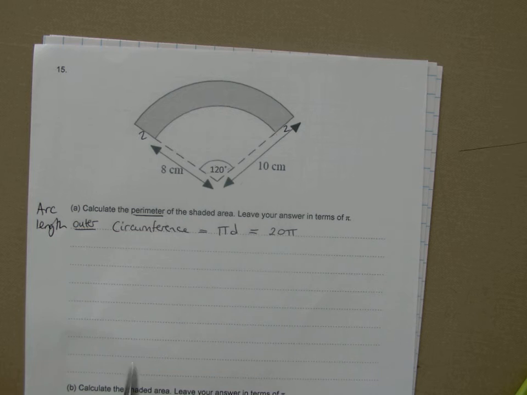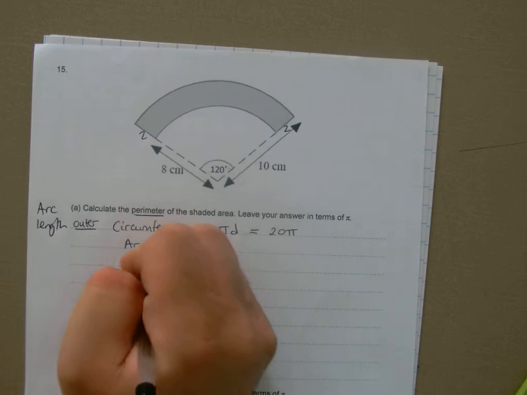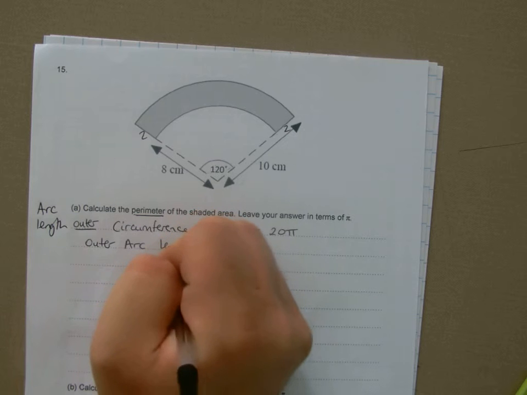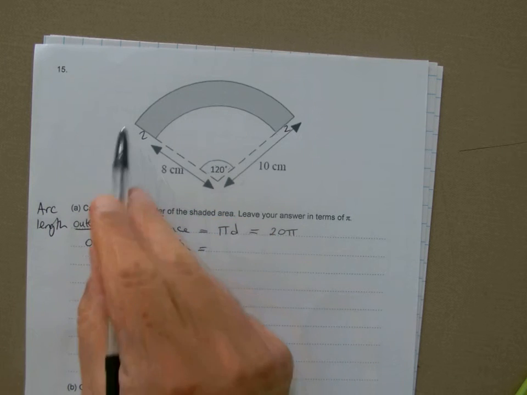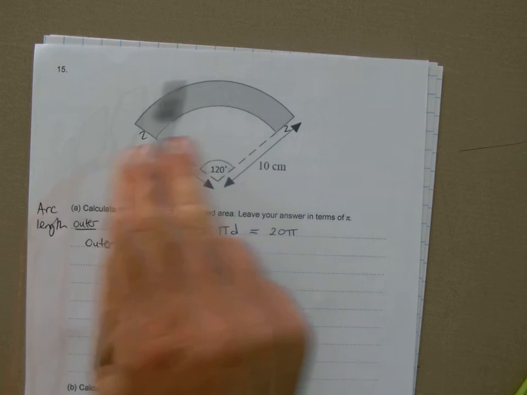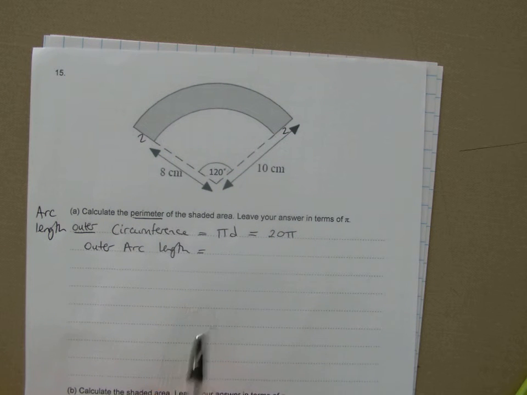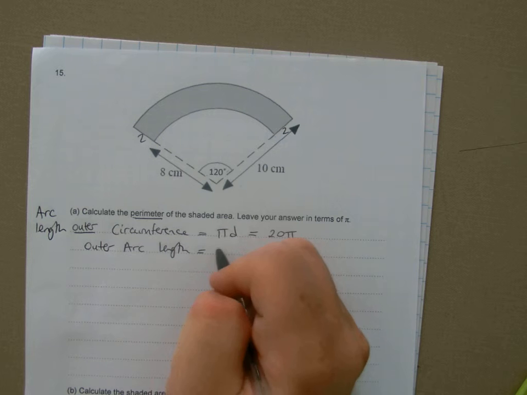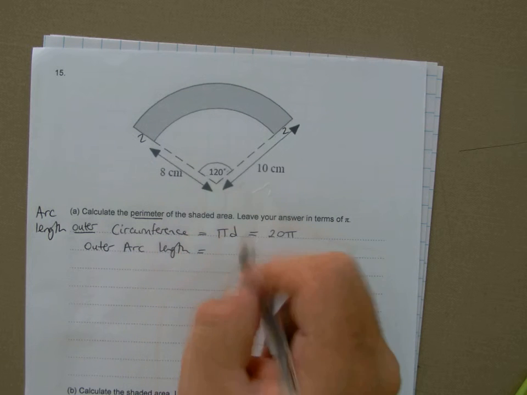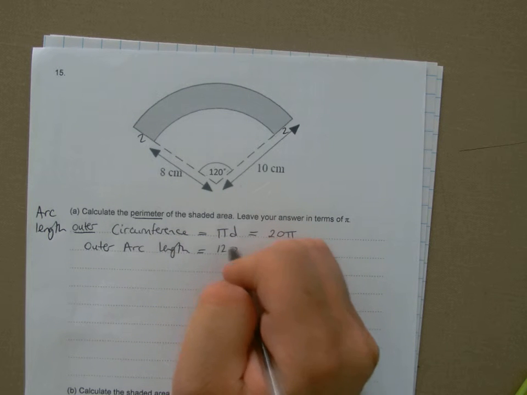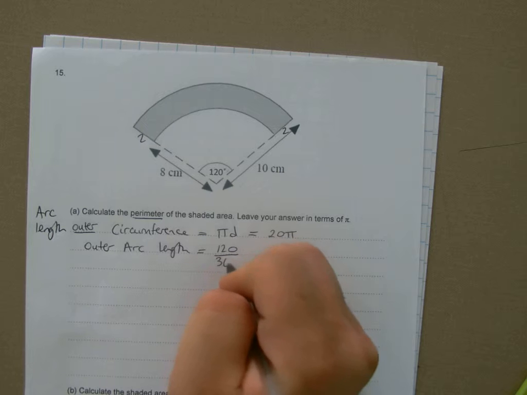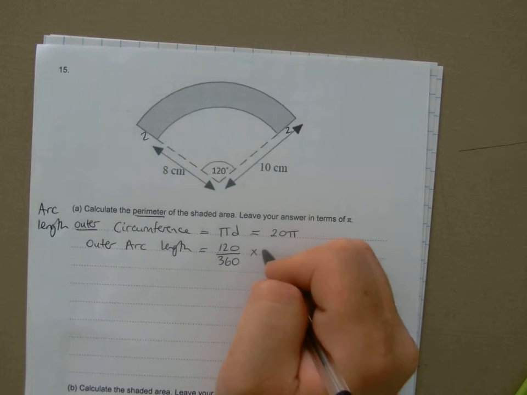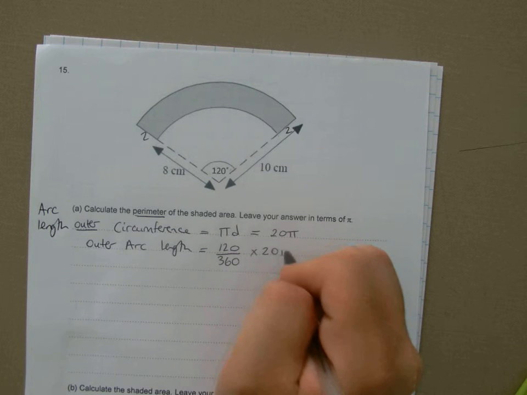So the outer arc length is not going to be the full circumference, it's just going to be a fraction of it. And the fraction will be 120 degrees out of 360 if you go all the way around, so that'll be 120 out of 360, times the 20 pi.